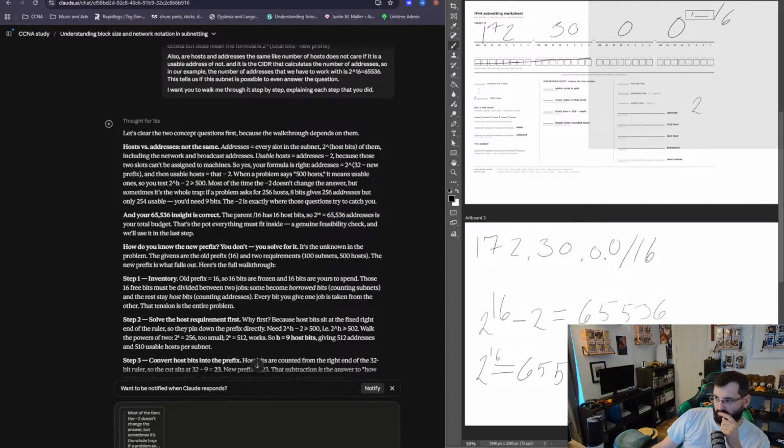Okay, that's these, all these bits right here. So 2 to the power of 16 addresses is your total budget. So are host bits and addresses the same?